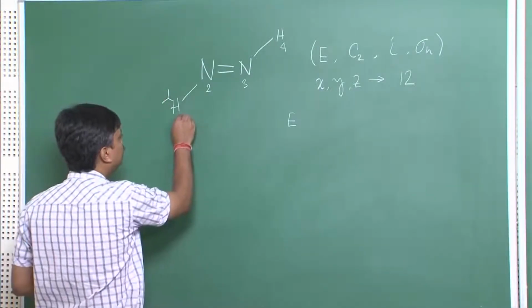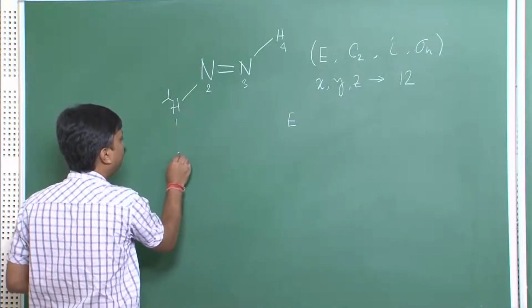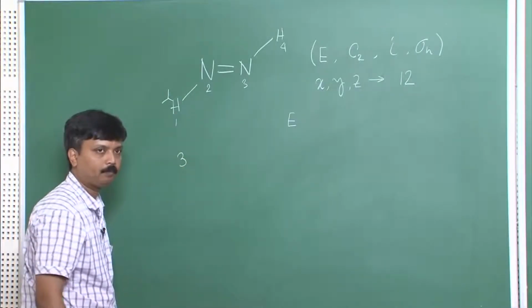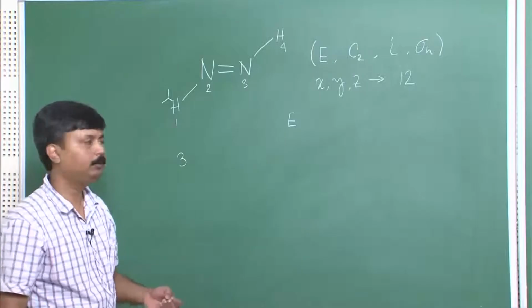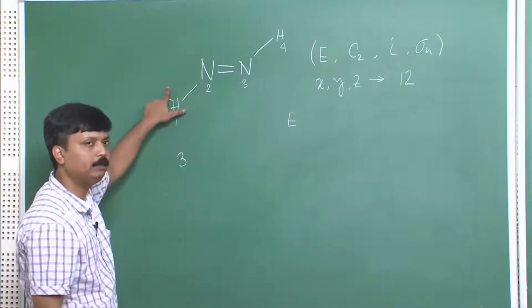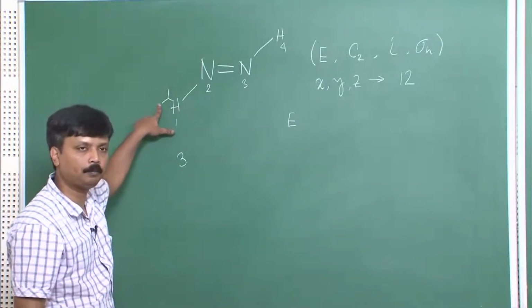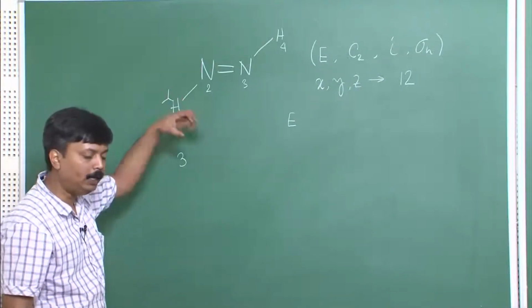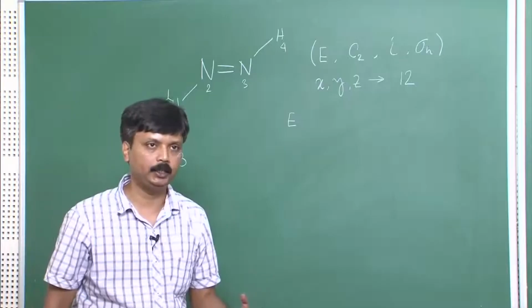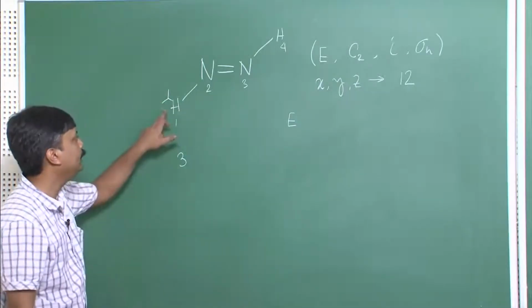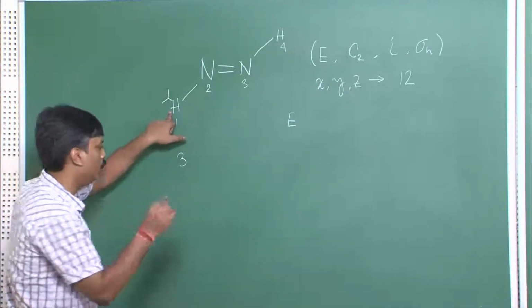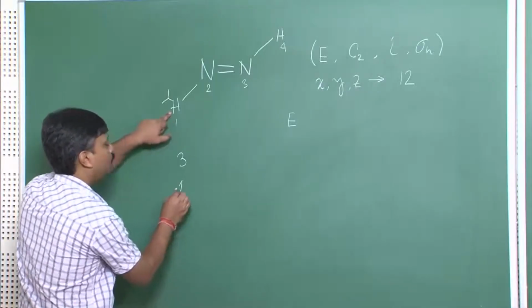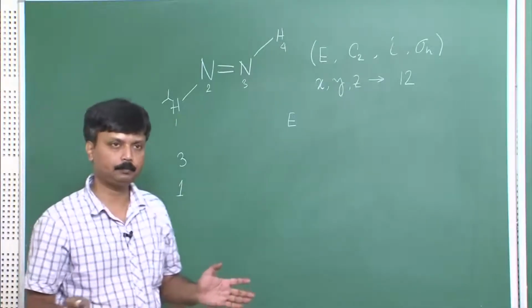So from this hydrogen atom I will get a contribution of 3 to the overall character, because x1 is giving 1, y1 is giving 1 and z1 is giving 1. Suppose I had the 1s orbital as my basis function here instead of x, y, z, then that would contribute a character of 1 to the overall character of the representation.